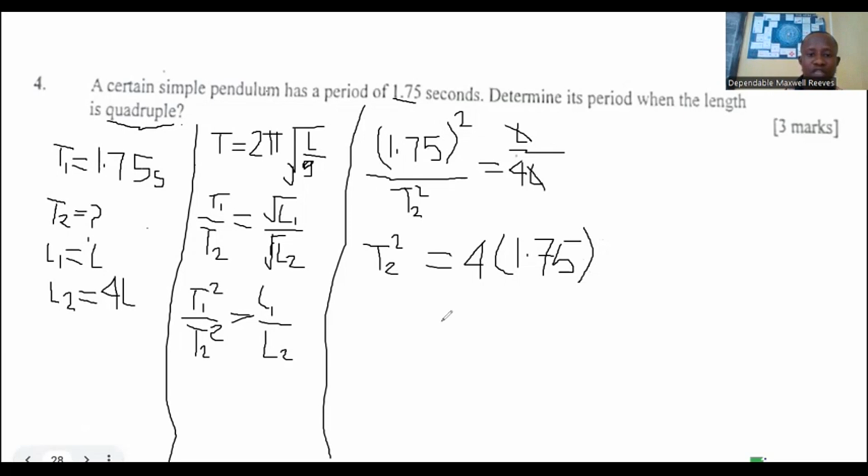Taking the square root on both sides, T2 squared, removing the root, we have T2 to be equal to the root of 4, which is 2.